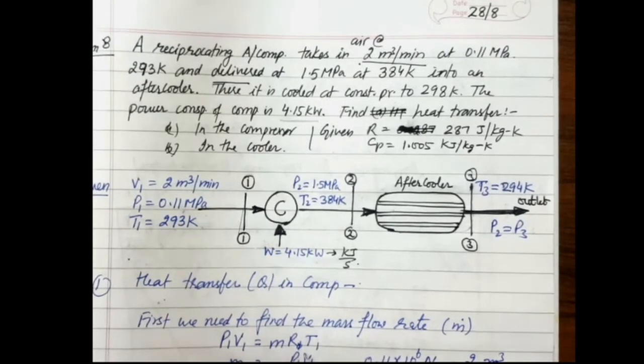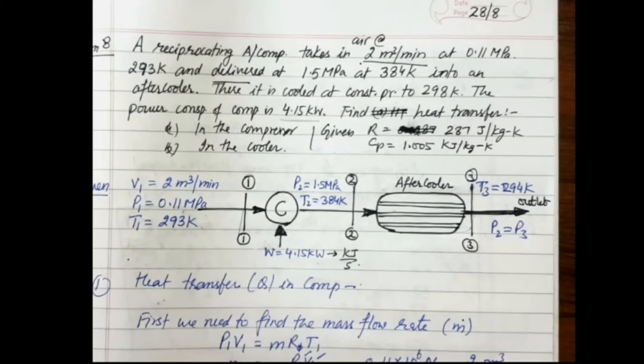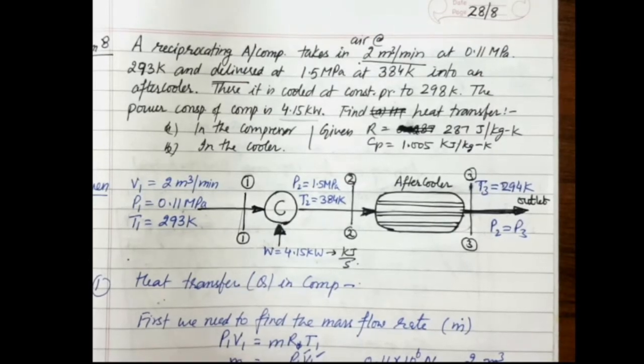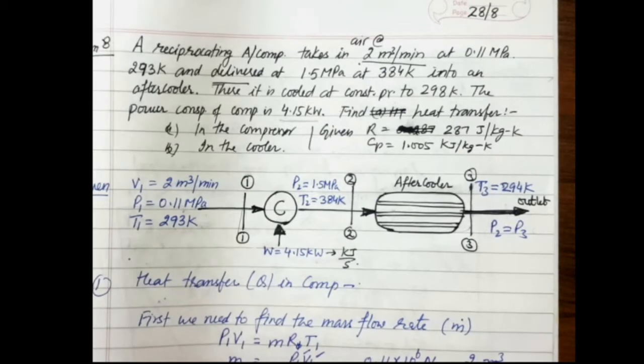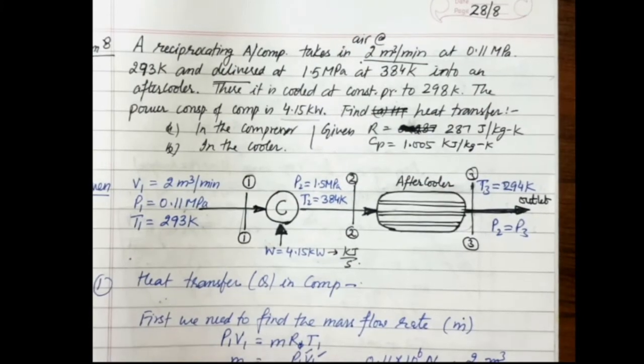So you substitute the value for pressure, we have substituted the value for this volume. Now divided by R, R is 287. So just solve this equation and you will get the value of mass is equal to 0.0436 kg per second. So now you get the mass flow rate.